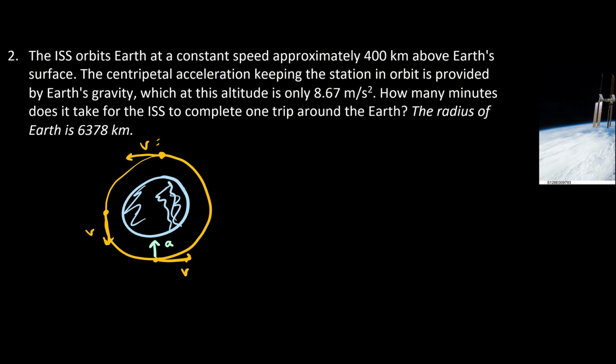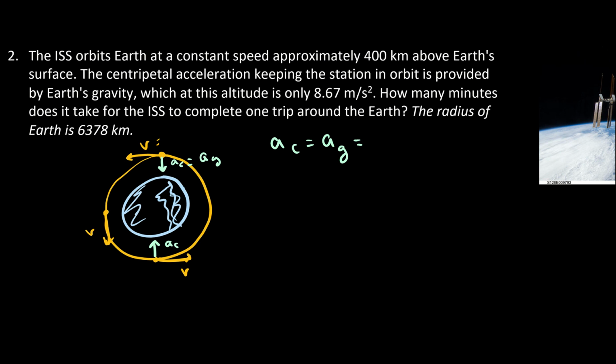So our centripetal acceleration in this case, all these ACs, are going to equal the acceleration of gravity. I'm going to put A sub G here because it's not our 9.8 number, since we're up at such a high altitude. So our centripetal acceleration is going to equal the acceleration due to gravity up at 400 kilometers of altitude.